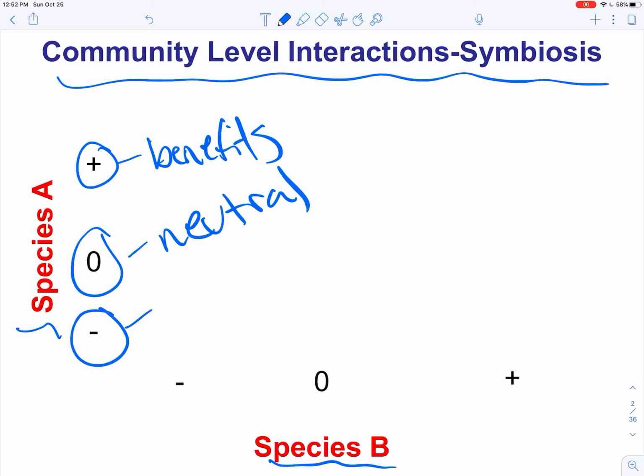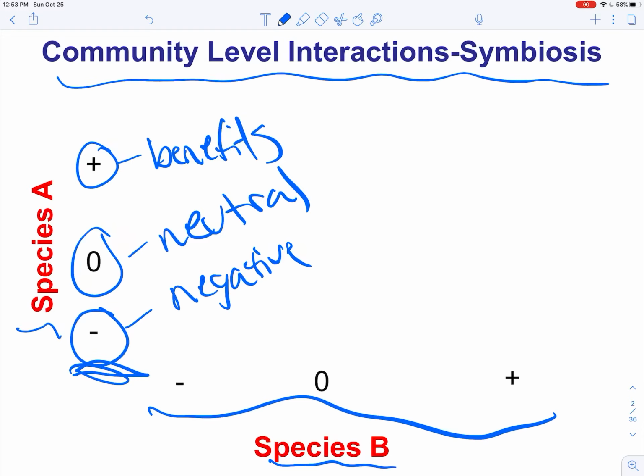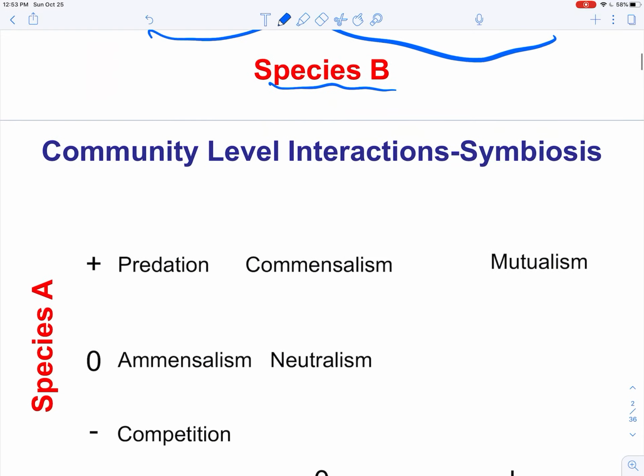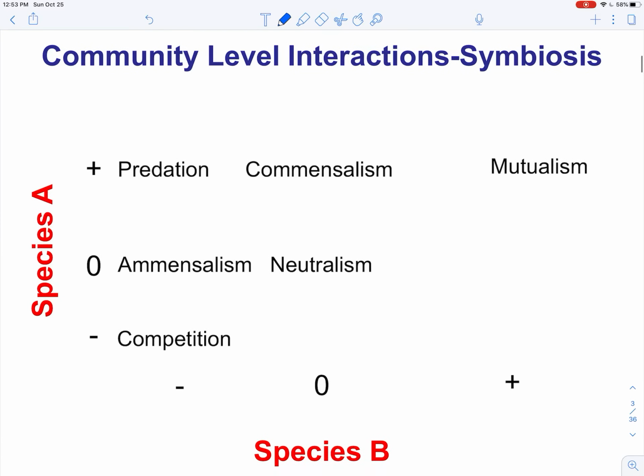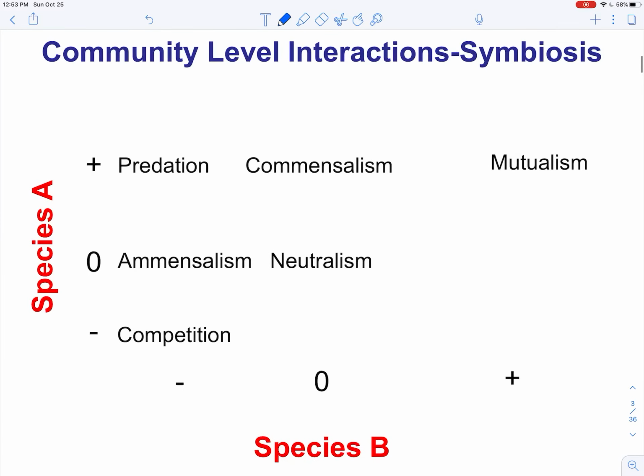And the negative sign here represents some sort of negative interaction that it experiences in its relationship. So we're going to look at it on two scales of species A and species B. Here you're seeing in this table a list of the major types of symbiotic interactions.